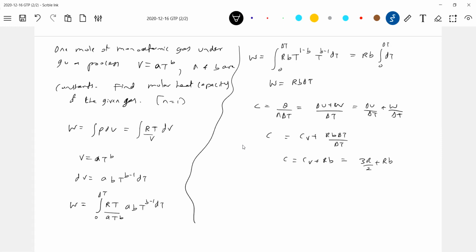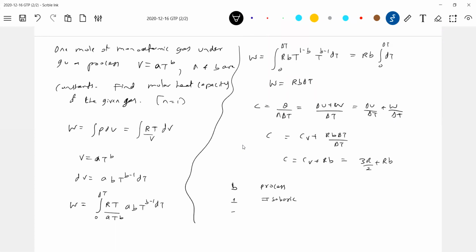If B equal to 1, what process will it be? So let me write it here. Value of B: B equal to 1. So what is the process it will undergo? Can you say what is the process? Isobaric process. Okay, fine.